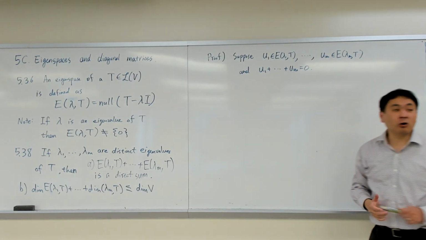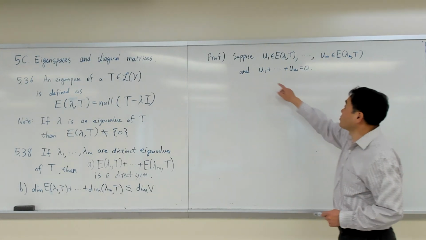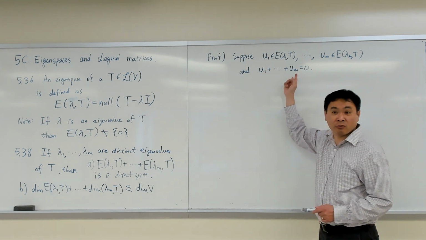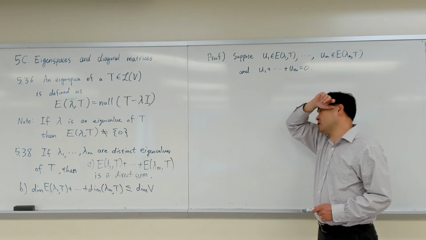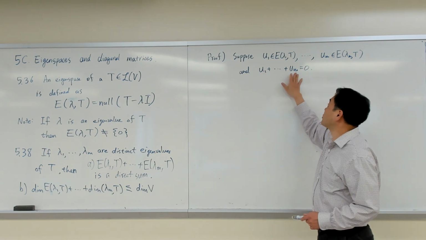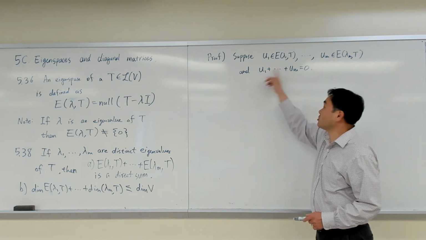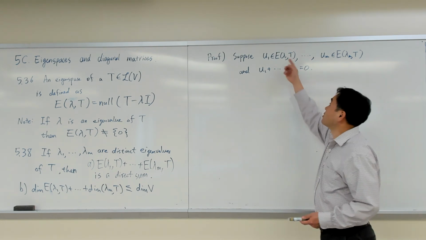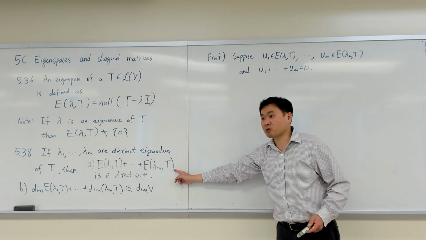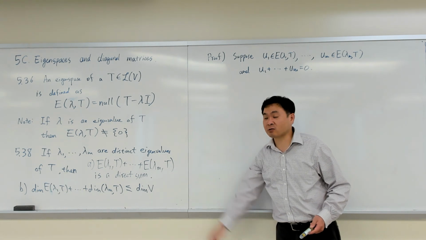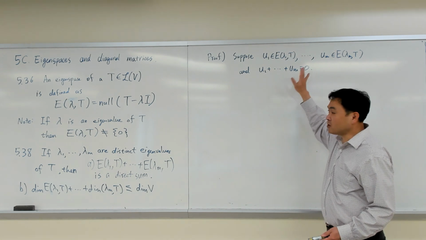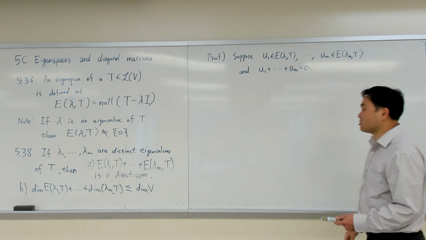Now we already know one choice of such u1 through um that would make 0, which is 0 for every one of them. And if there are other vectors that would still satisfy this, with at least one of them non-zero, that would mean that this sum of subspaces is not a direct sum. If we can somehow show that all of these need to be 0, that shows immediately that this is a direct sum.